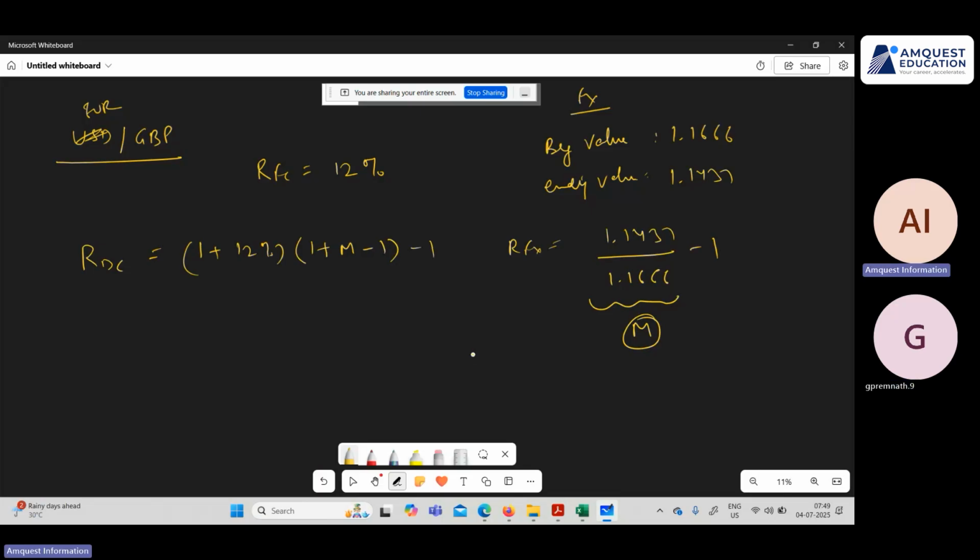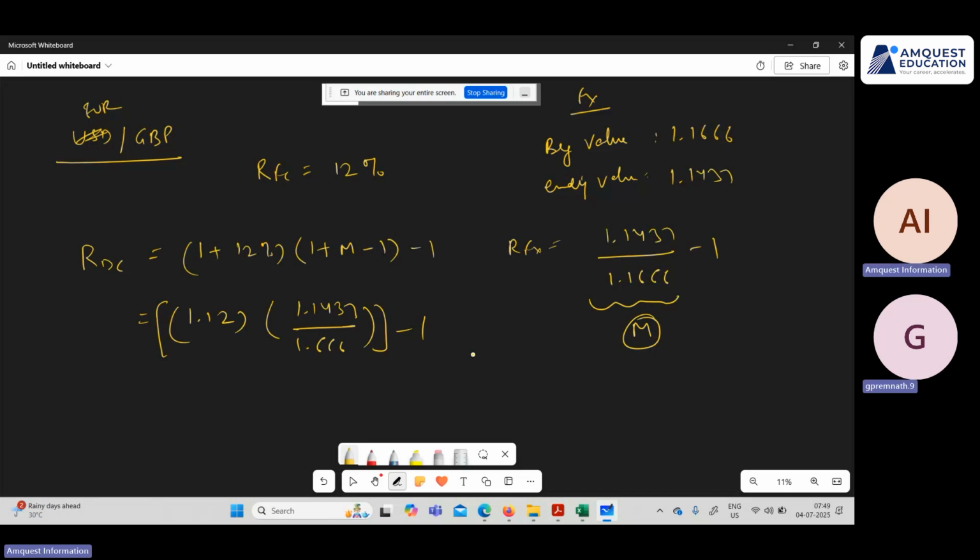Yeah, let's try that. So this is 1.12, and this is effectively 1.1437 by 1.1666, minus 1. Let's calculate that.